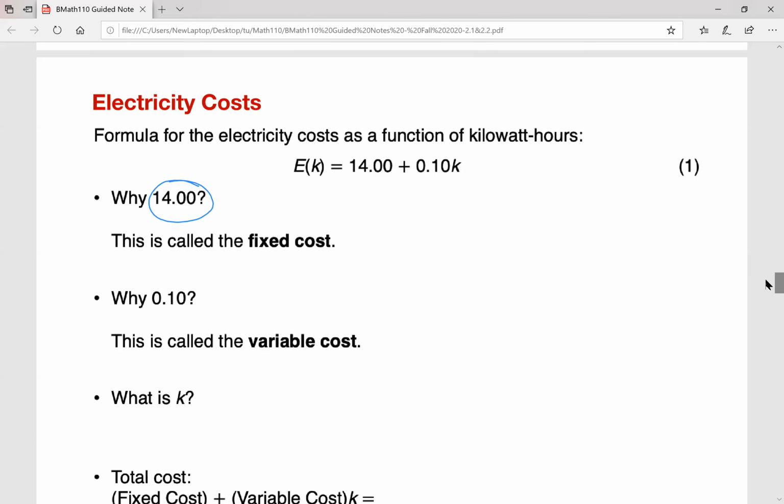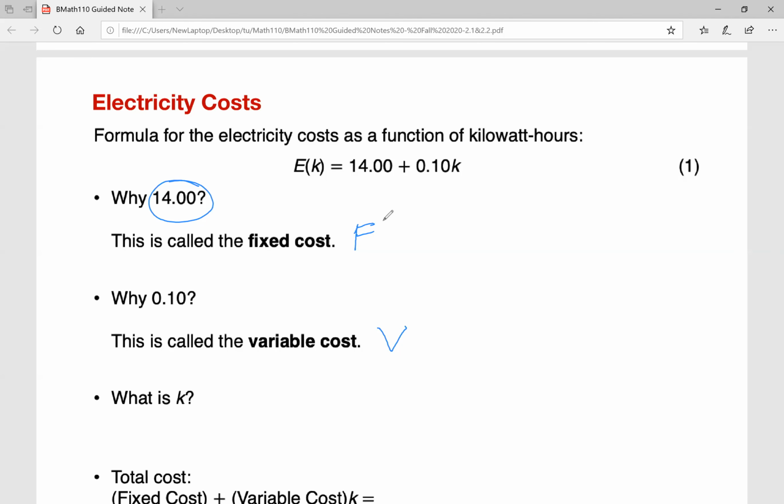So now, why 0.1? This is also called the variable cost. Remember last time we also learned about the variable cost is V, and the fixed cost is F, right?